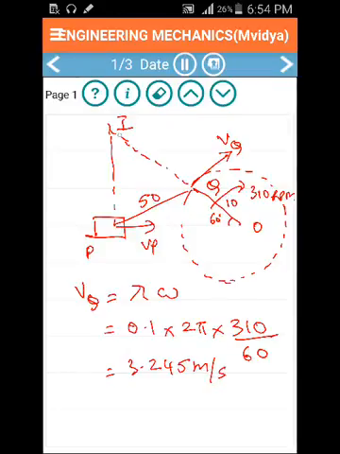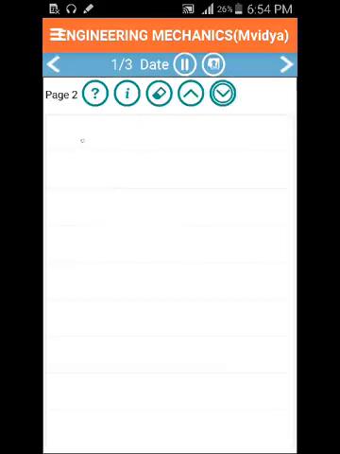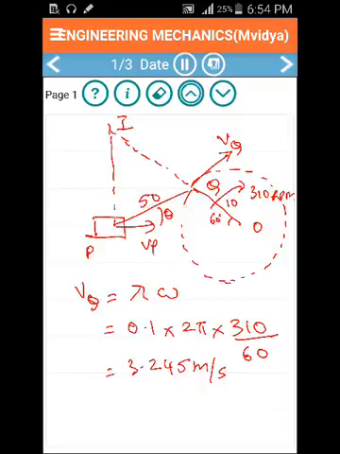To calculate IQ and IP, let us first find the angle, this angle, let's call it theta. So from sine rule, 50 upon sine 60 equals 10 upon sine theta.